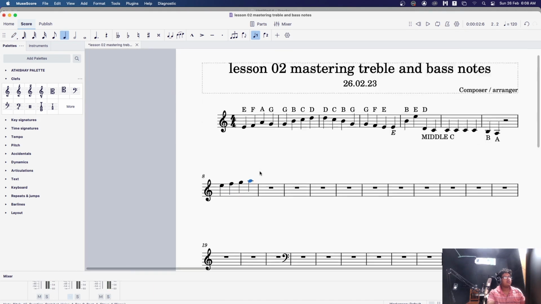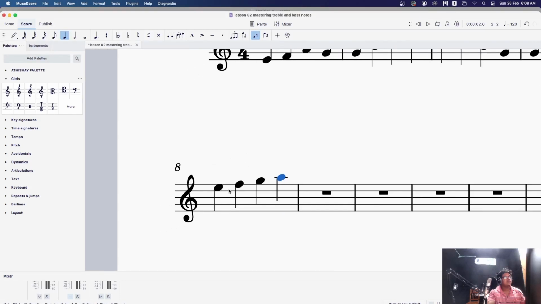We have 4 notes now here. This we know, the 4th space, that's the E. This is the F. What should come next after the 5th line? Yes, that's G. Above it you have 2 more notes.